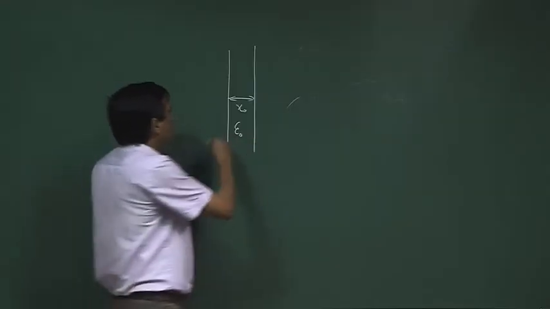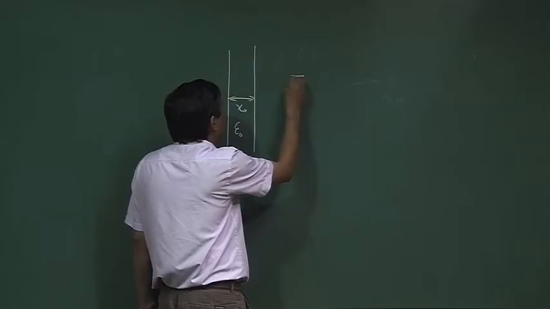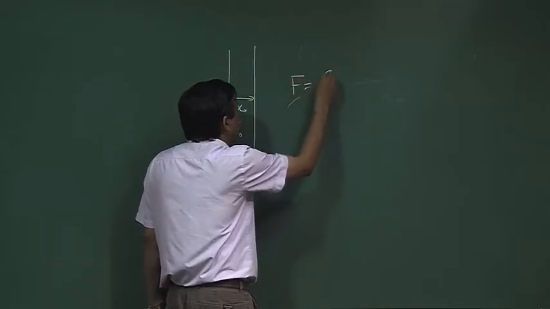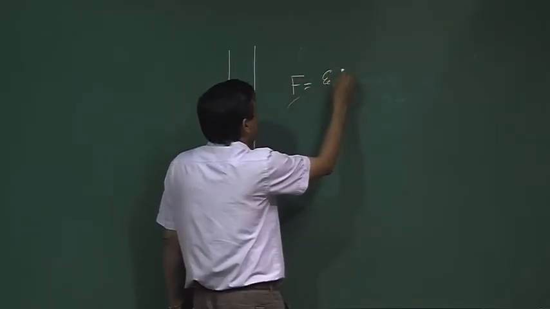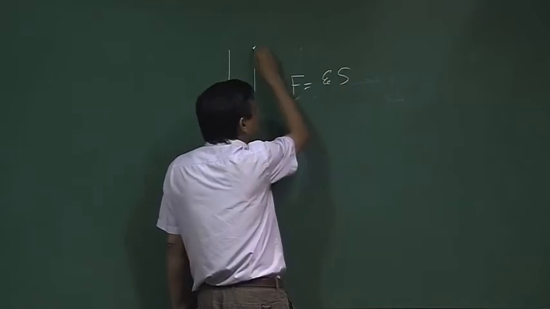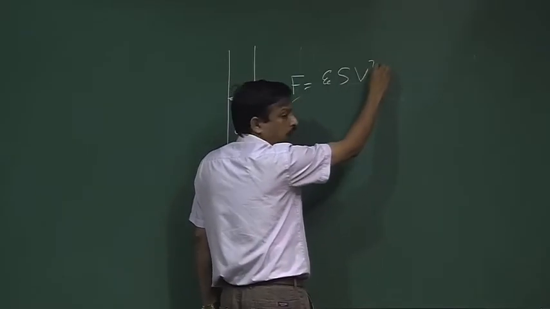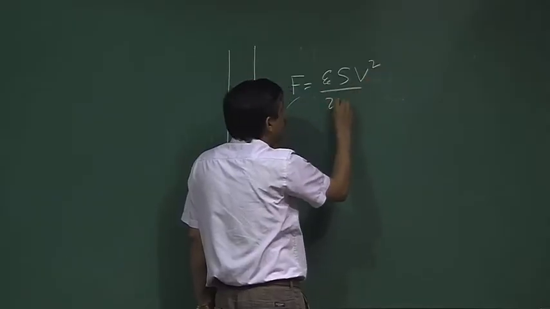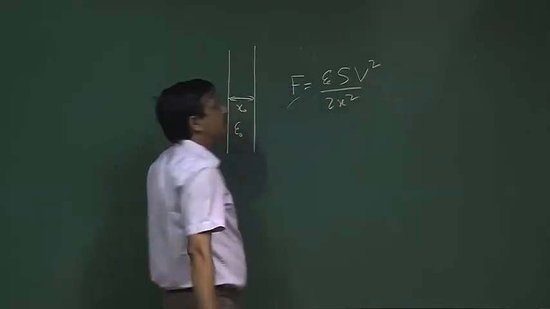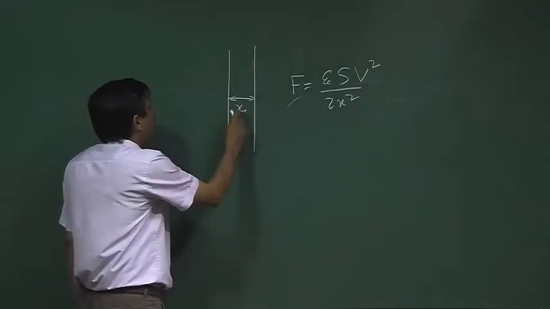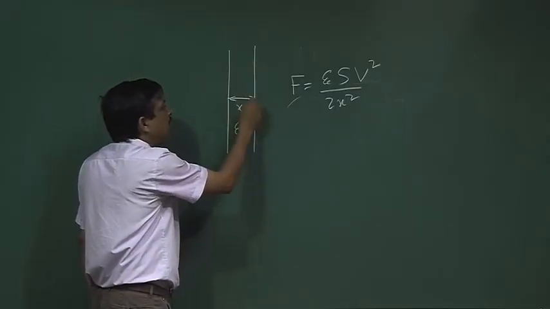Then the force acting between the two plates is the dielectric constant multiplied by the surface area of the plate multiplied by the applied voltage squared, divided by 2x squared. x is the distance between the plates.